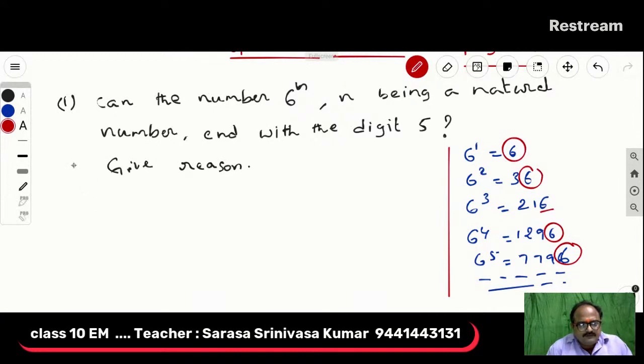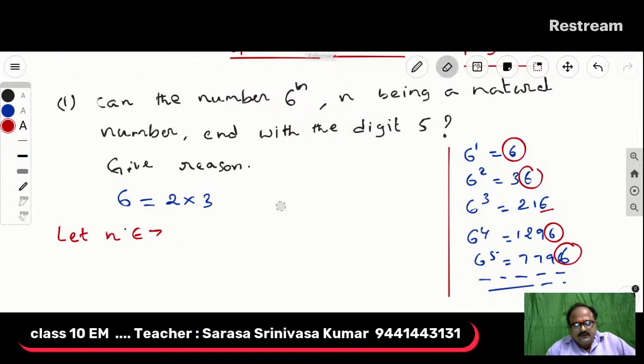So we write this step first. 6 equal to 2 multiplied by 3. So in the next step, let n be a natural number.